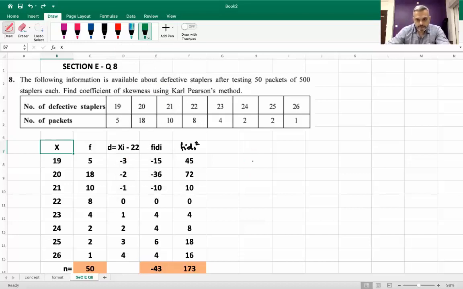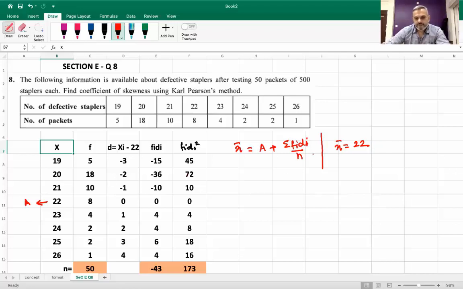X bar mean is A plus sigma Fi di upon N. Because we are using a shortcut method over here, A is 20, we have taken, I'm sorry, A is 22, this is the assumed mean, 22.